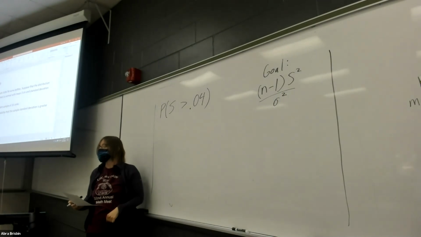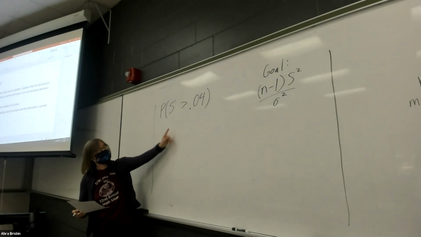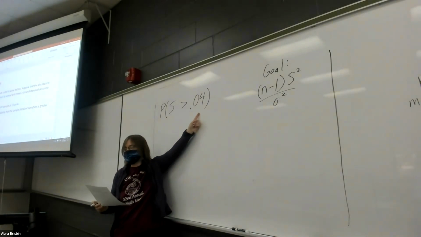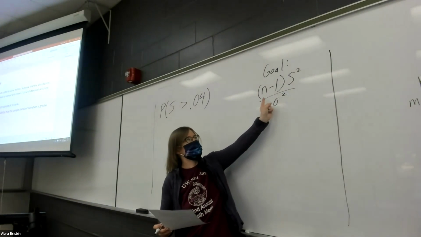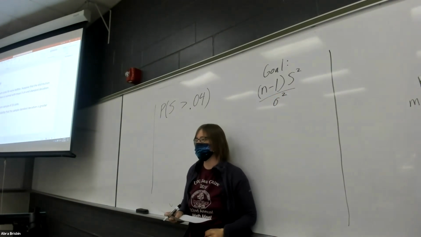All right, so why don't you try that? Try rearranging the portion inside the probability so it has the format of n-1 s squared over sigma squared.